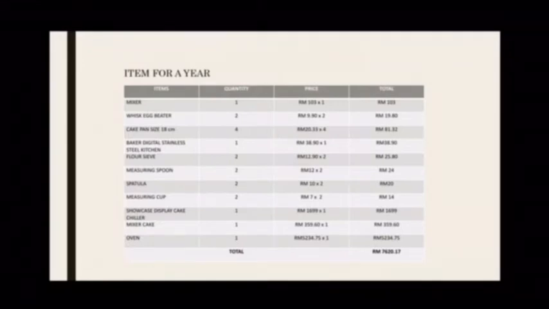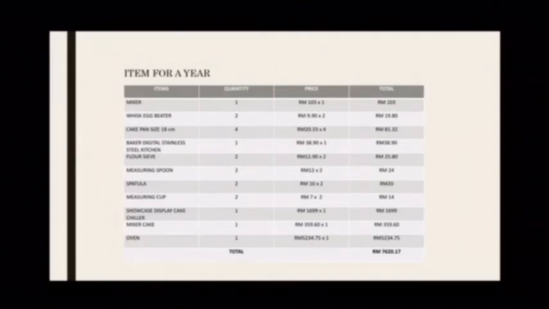The price for 2 flour sieves is 25 ringgit and 80 cents. 2 measuring spoons 24 ringgit. 2 spatulas for 20 ringgit. 2 measuring cups for 14 ringgit. And a showcase display cake chiller for 1,699 ringgit.